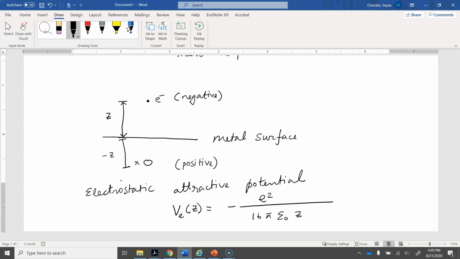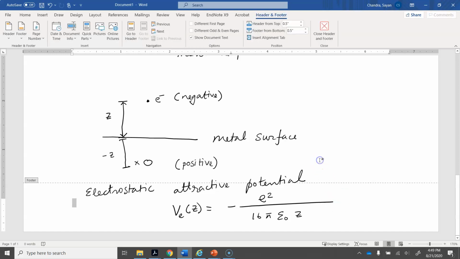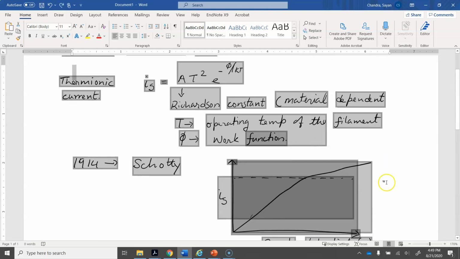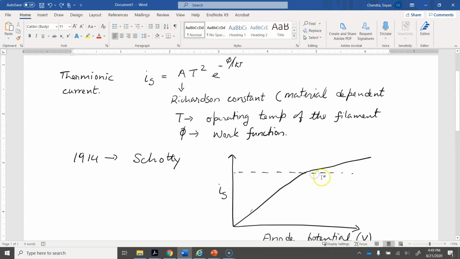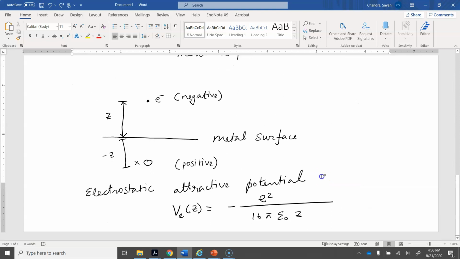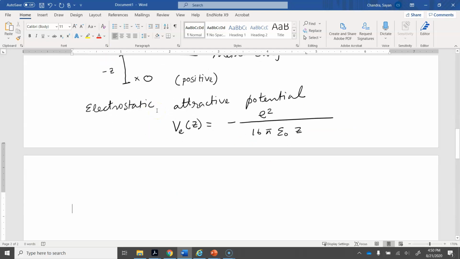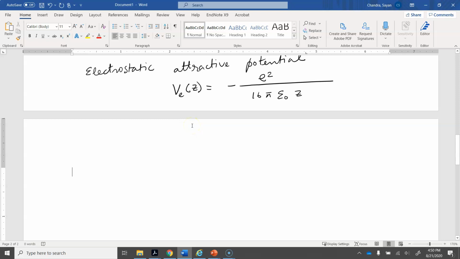This equation comes directly from electrostatics, and I'm assuming you have some background in electrostatics, but if you're unable to understand that, please talk to me and I can walk you through how we can get this from two charges that are at a distance 2z from each other.